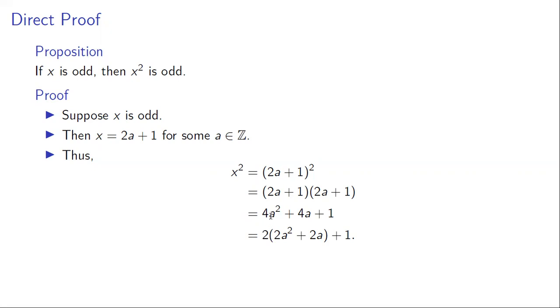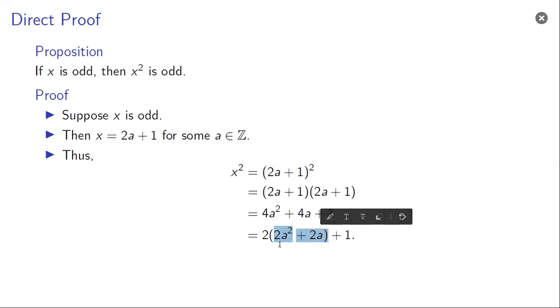We can factor out a 2 from these two terms, which leaves us with 2 times, and then in parentheses, 2a squared plus 2a. And then we have the plus 1 at the end. Now, what we have is x squared in the form of an odd number. Why? Because we have x squared is equal to 2 times this plus 1.